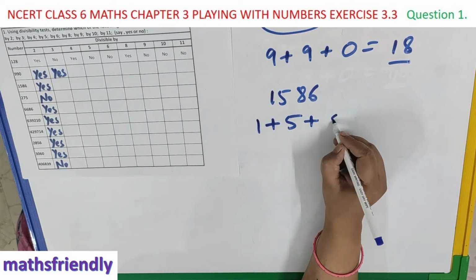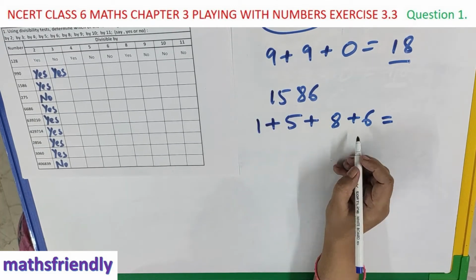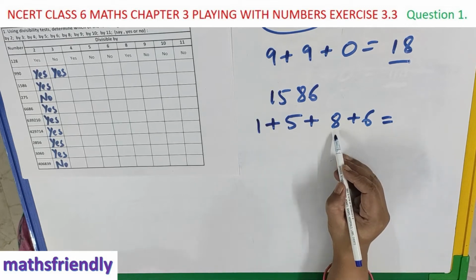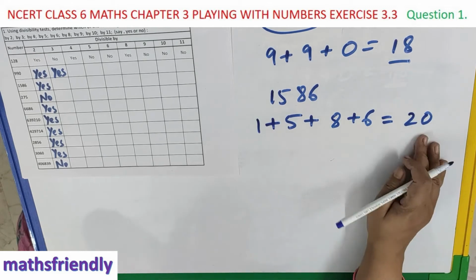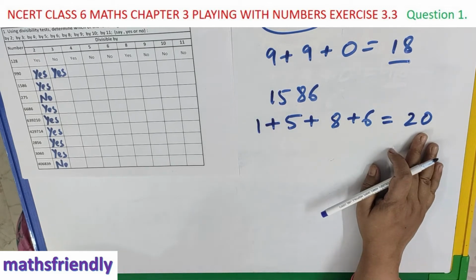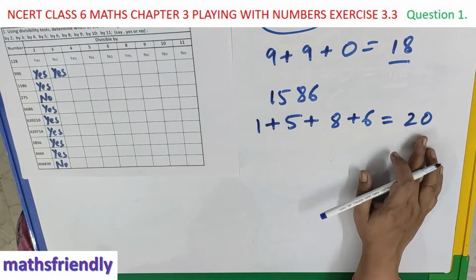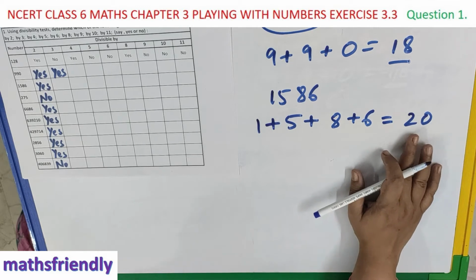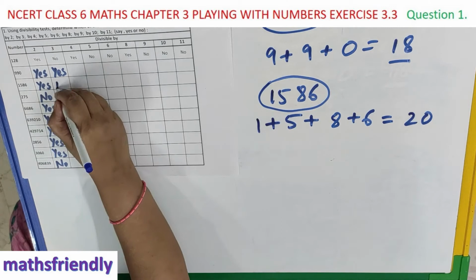Let us find the sum of these digits. 1 plus 5 is 6, 6 plus 8 is 14, and 14 plus 6 is 20, right? Is 20 divisible by 3? No, 20 is not divisible by 3, because 20 does not come in 3's table. So this number is not divisible by 3. We will write no.